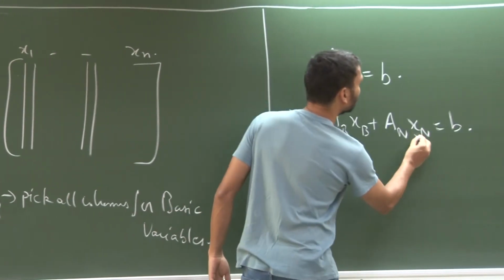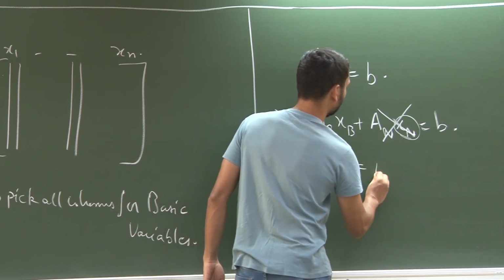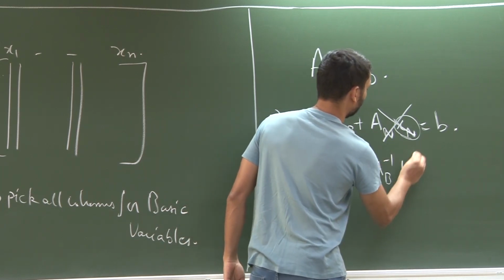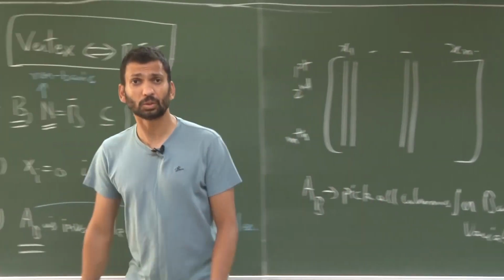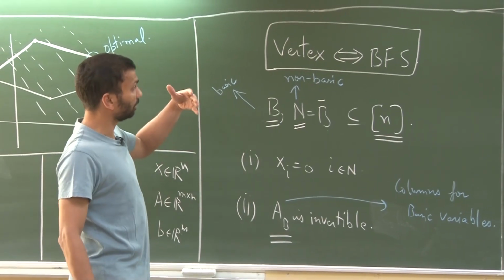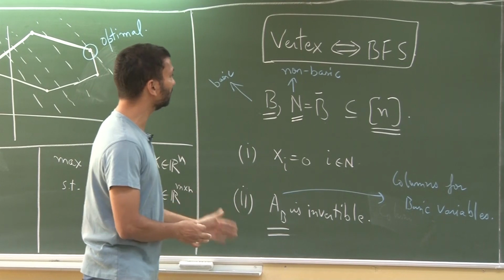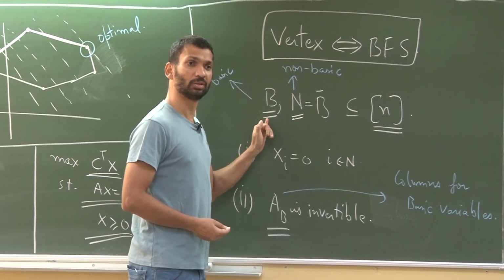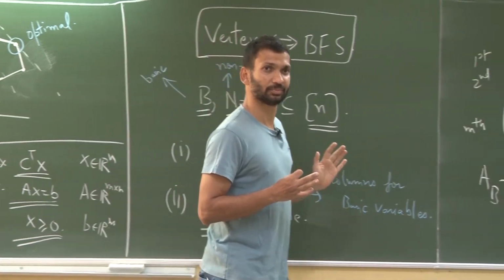And then we know that the non-basic part is 0, so then x_B is determined. So yes, a basic feasible solution is a feasible solution which has lots of zeros, but to specify it, I need to just worry about the subset. If I give you the subset, I have everything.